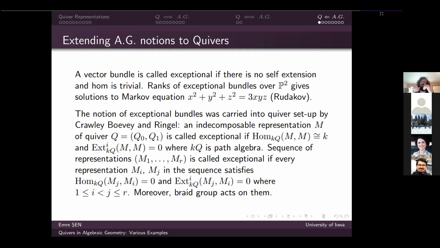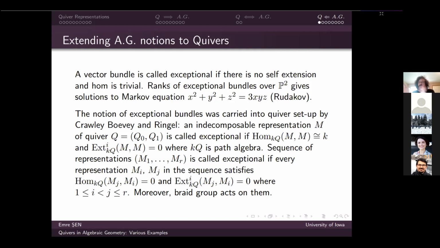So repeating myself, a module is called exceptional if it is rigid, no extensions, and it has a trivial Hom. And then we consider pairs of exceptional modules. They don't have any Hom, they don't have any self-extension, they don't have any Ext.